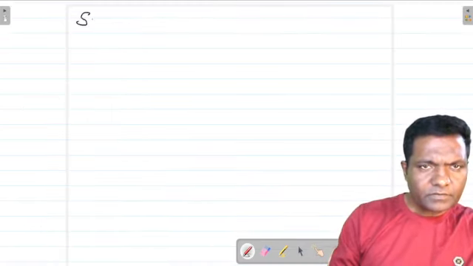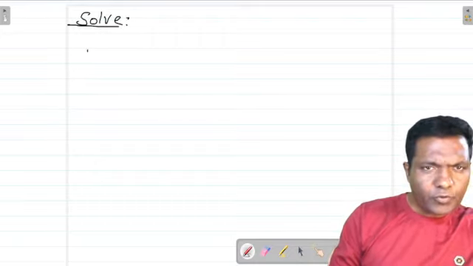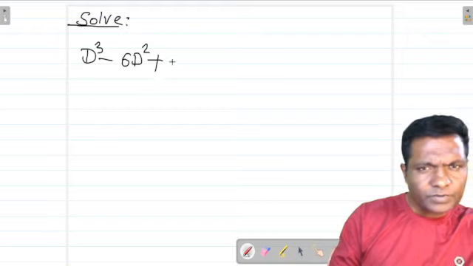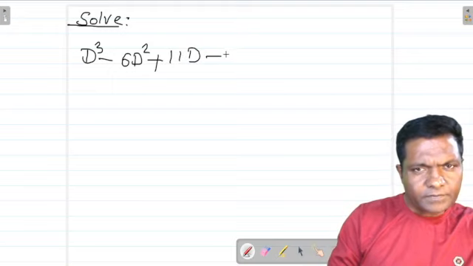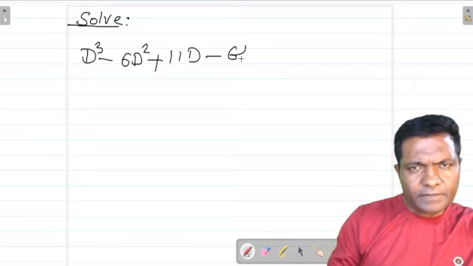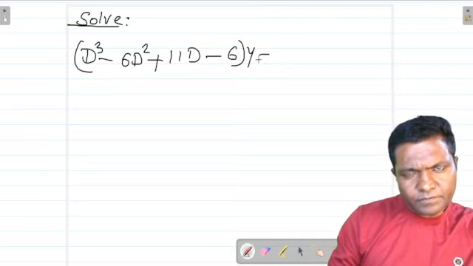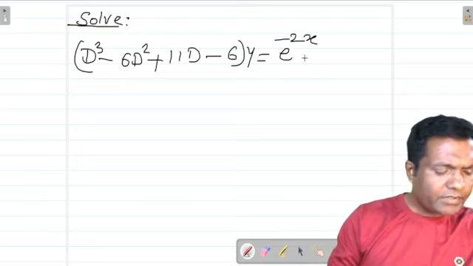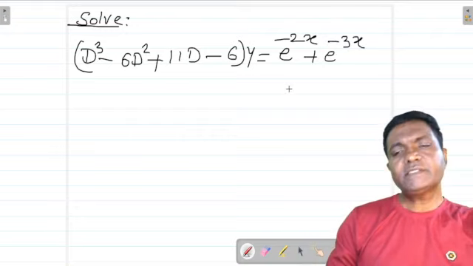Look at this. Solve or find the general solution of (D cube minus 6D square plus 11D minus 6) y equals e power minus 2x plus e power minus 3x.